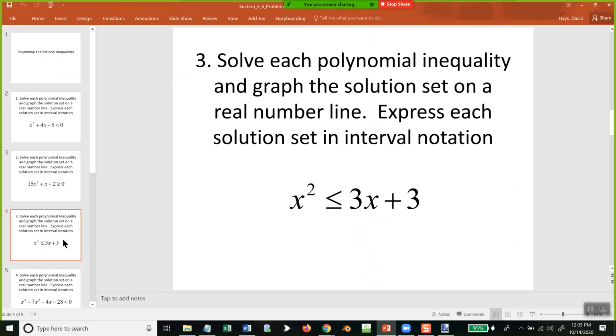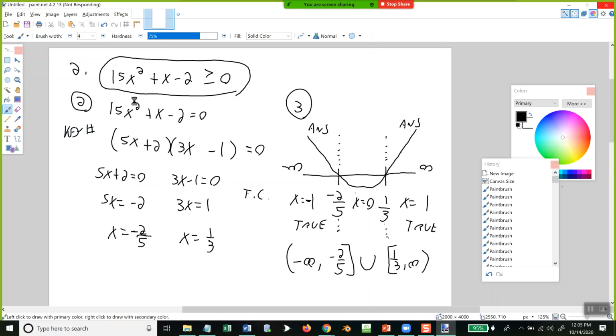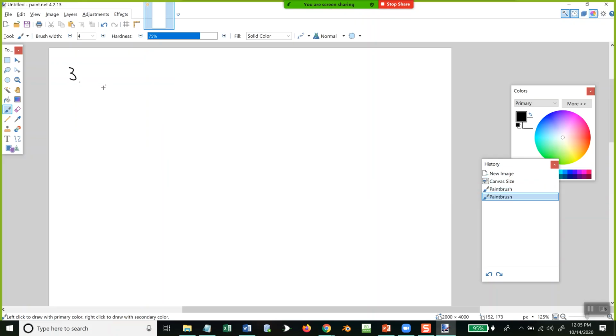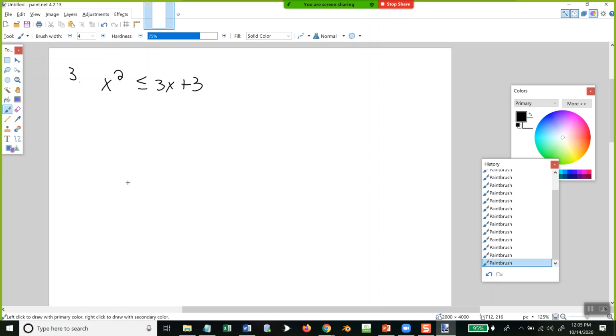Okay, number 3. Got x squared less than or equal to 3x plus 3.